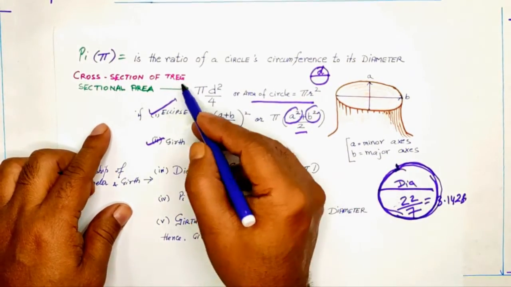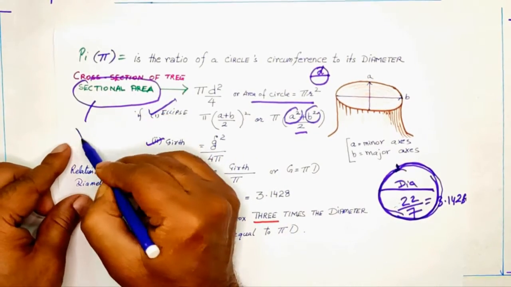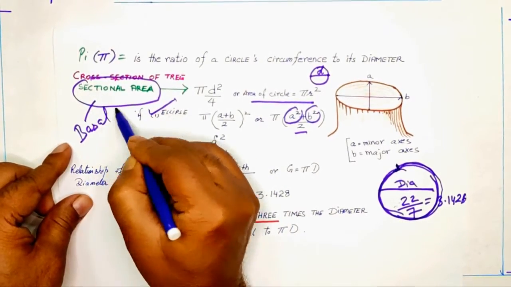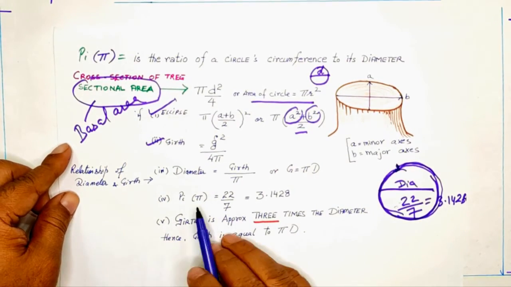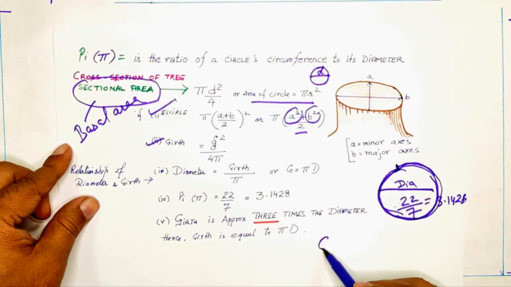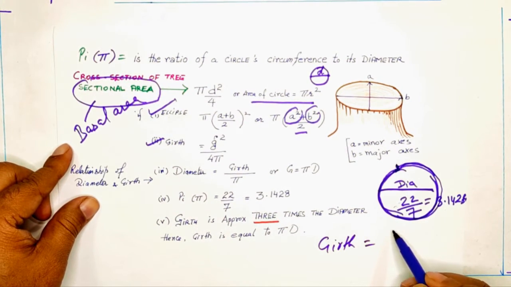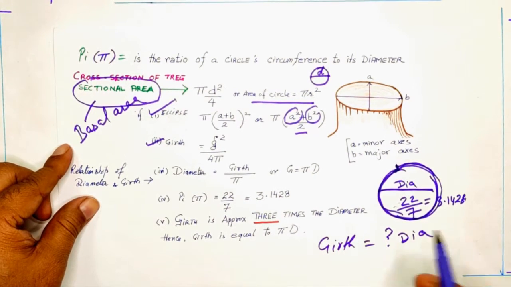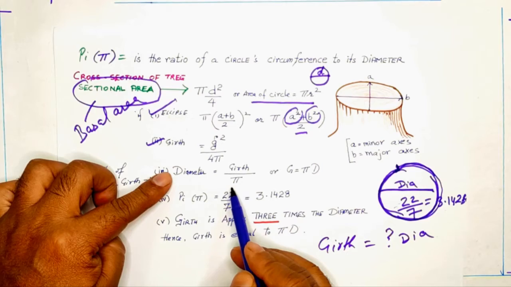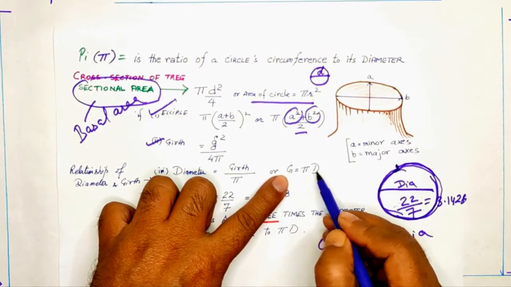How to know the cross-sectional area of a tree? This is very important. We also call it the basal area. We should know the relationship of diameter and girth. If we have the girth, how much is the diameter? Diameter is girth divided by pi, or we can say girth is equal to pi into d.